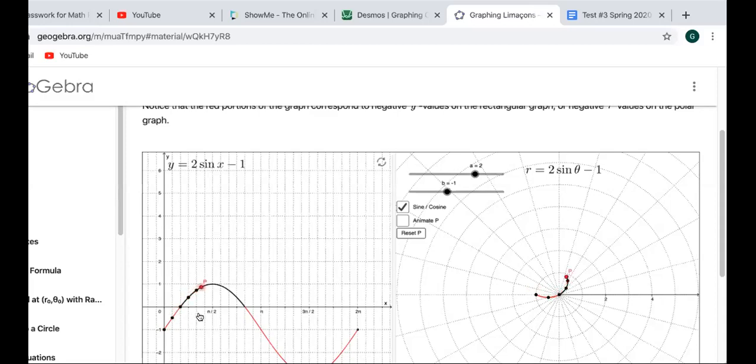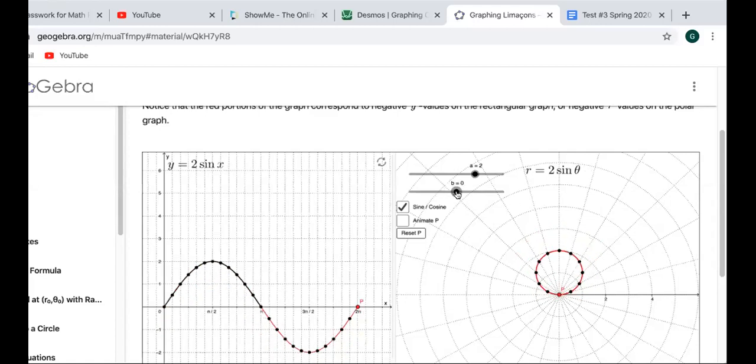It does graph the inner loop first. Up here, that little piece is the inner loop. Not immediately first, but it graphs the inner loop before the outer loop. But it ends up looking like the same picture. So it's kind of confusing. That's why on a test and on the Delta math assignment, I'm always making B positive.